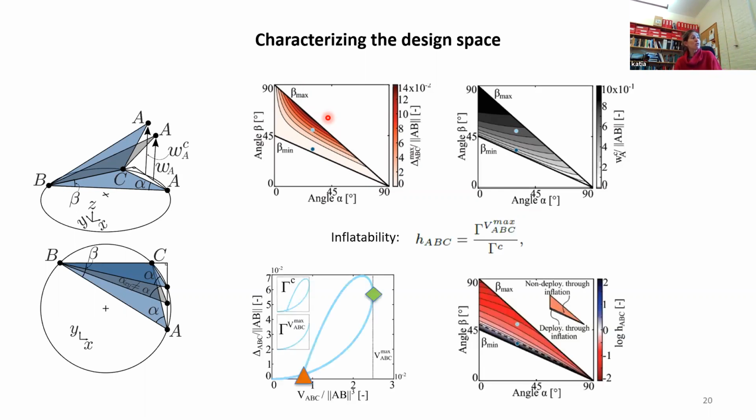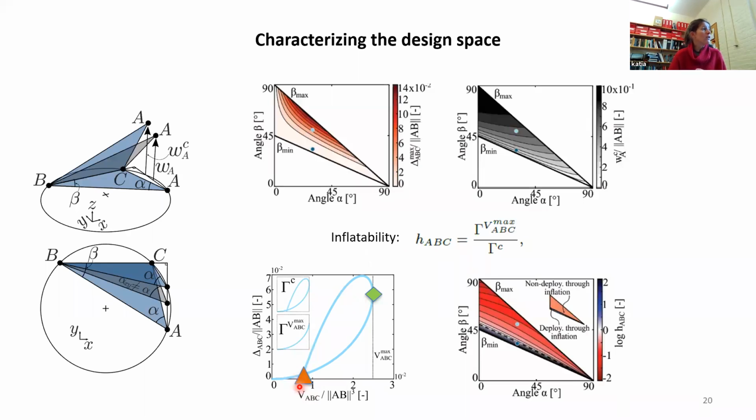For this, we introduce an inflatability constraint, which I denote with H. The way we define it is, we look at the deployment process in a space where I have the incompatibility on the vertical axis and the volume on the horizontal axis. Then I calculate the arc length of this curve between the flat state and the maximum volume state, and between the flat state and the geometrically compatible state.